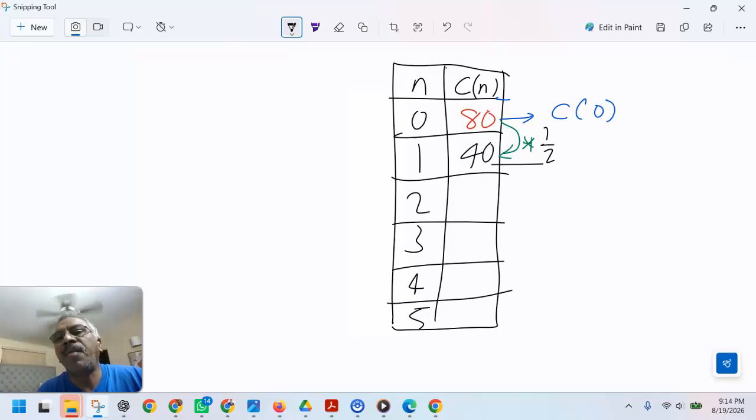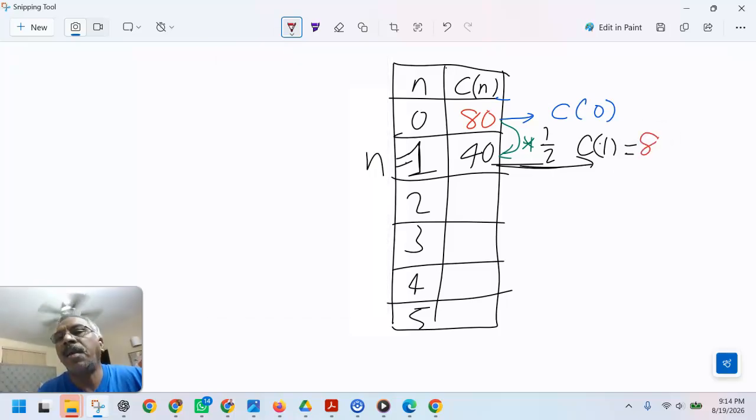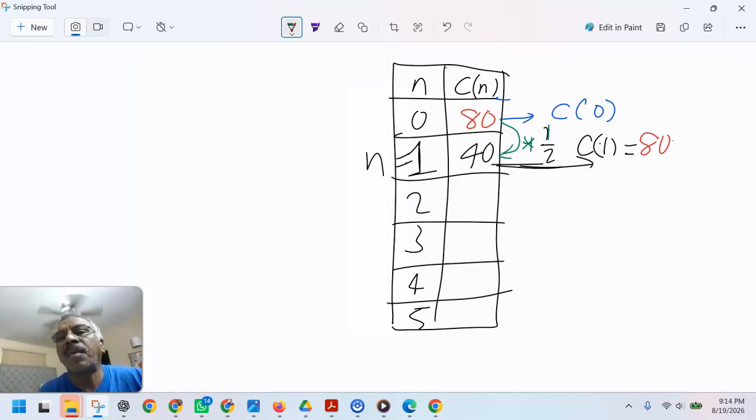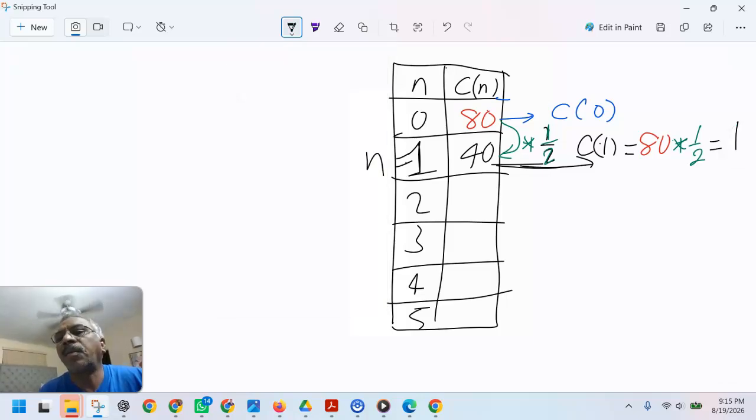Okay, but how did we get this 40? It's half of. So because this is 1, your C1, this is when n is 1. So C1 is the 80, and this 80 is multiplied by the green color half, this half. And that way we get 40, because half of this is 40.